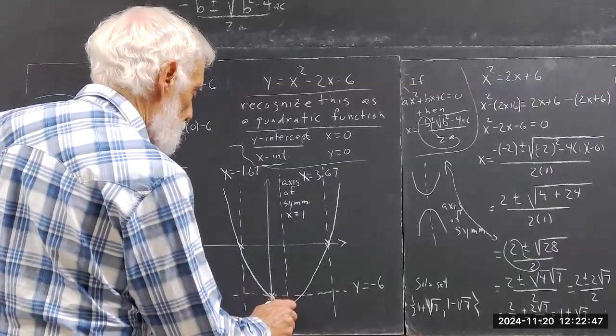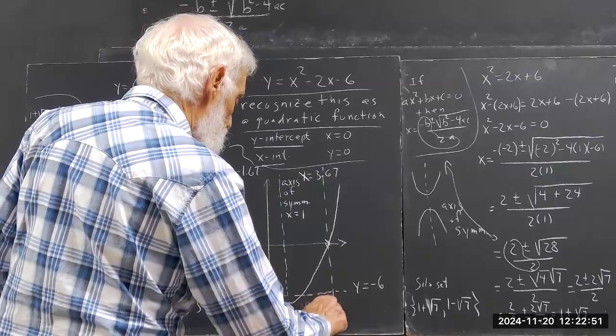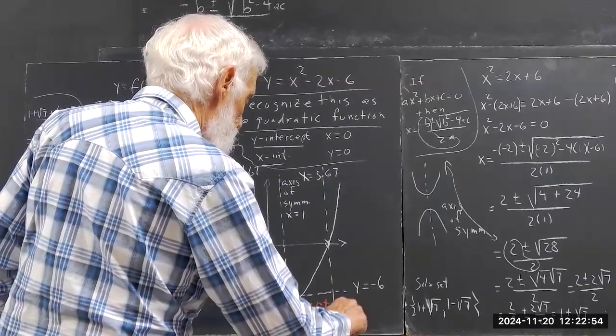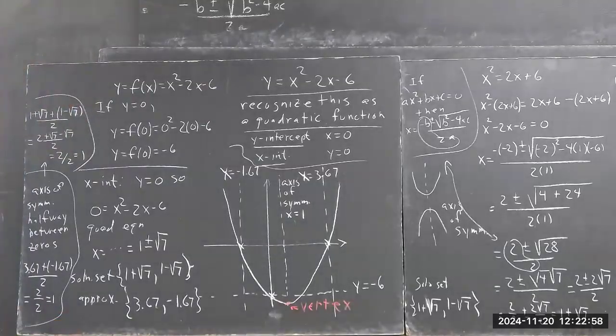Now, it's a very important point here. It's the vertex. Can you give me the coordinates of the vertex? Or tell me how to get the coordinates of the vertex?